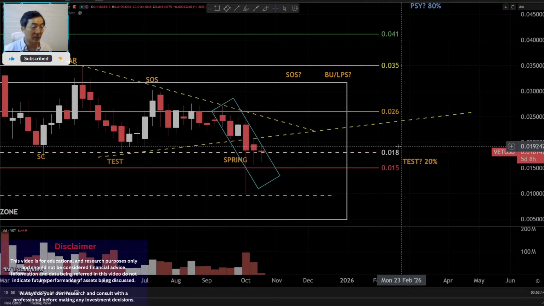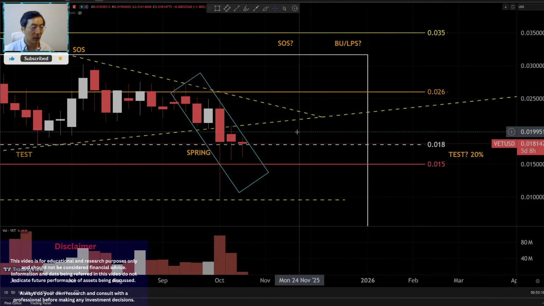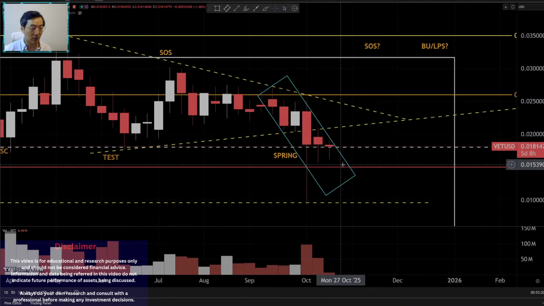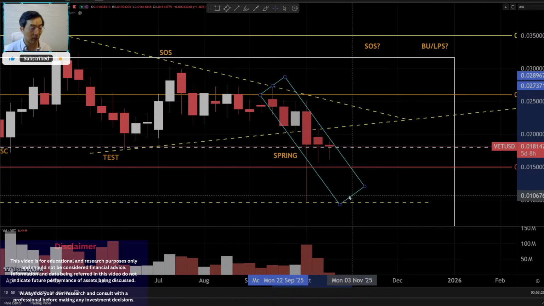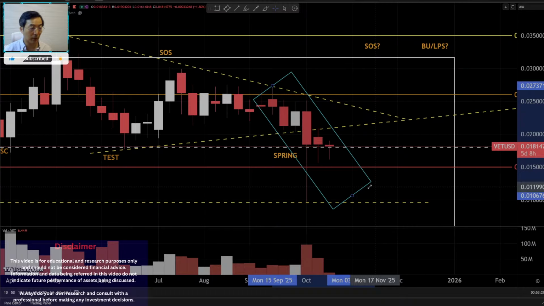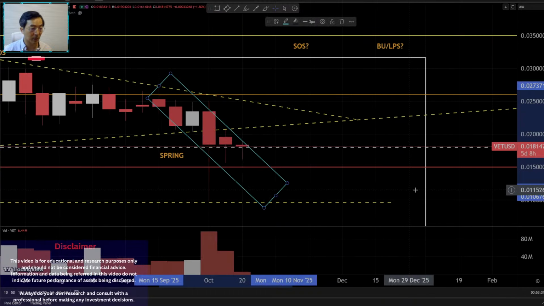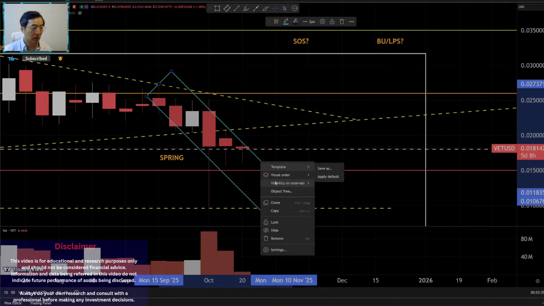So the decision point Vchain is having now is whether to break outside of this downward channel, or, in candlestick pattern analogy, that's a bull flag. Is it going to break out and show us some upward movement? I'll adjust this box when we get to the daily time frame.